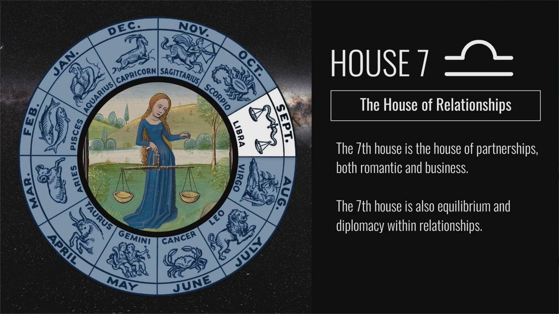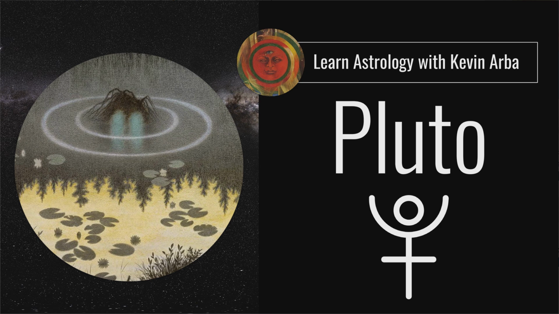In my case, Pluto's been in my 7th house for, I think, 6 or 7 years, and I'm definitely experiencing themes of Pluto in my relationships, and people who have those Pluto-like qualities are showing them in my life. So I've gotten a lot of the lessons of Pluto in my close relationships.